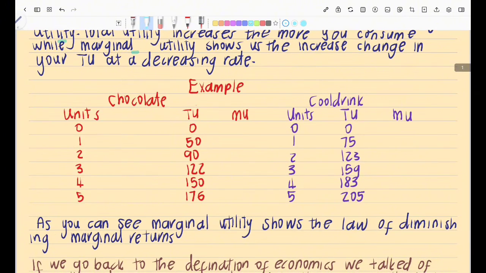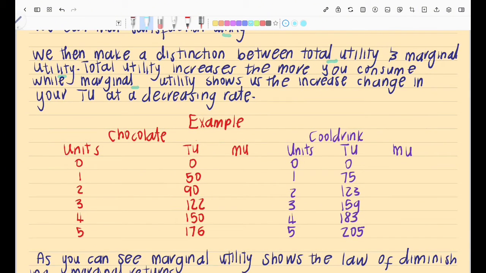If you remember from computational maths, marginals show us the rate of change of the original function. So here we have a total utility function, which is the original function, and a marginal utility function, which is the rate of change of the original function. As you're answering, do not forget that the courses you are doing are interlinked.